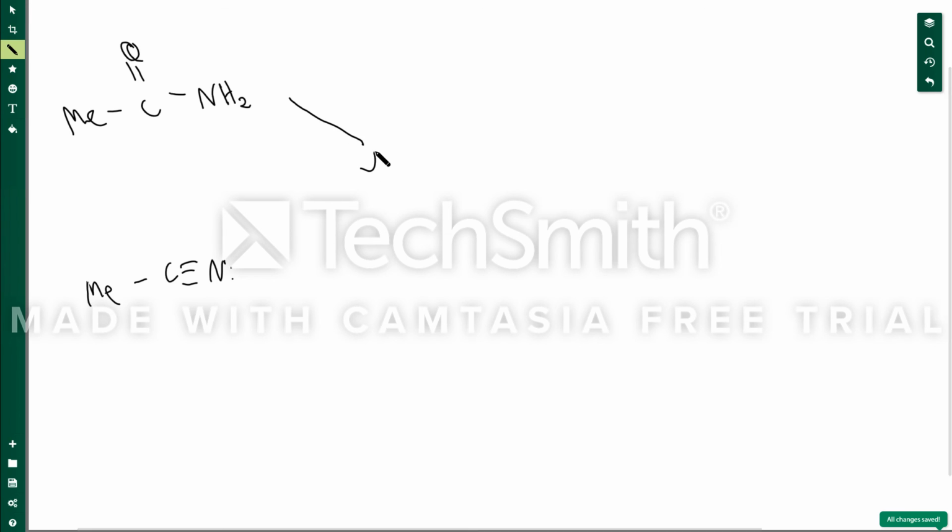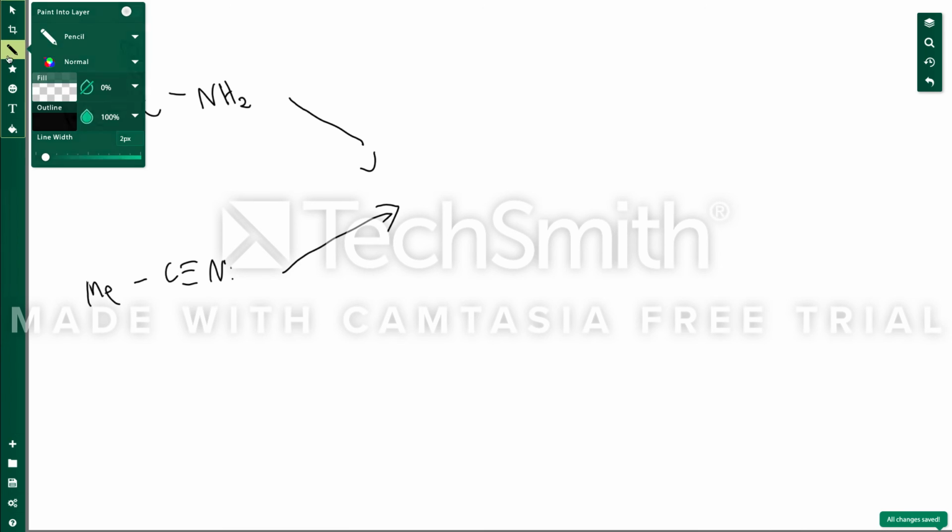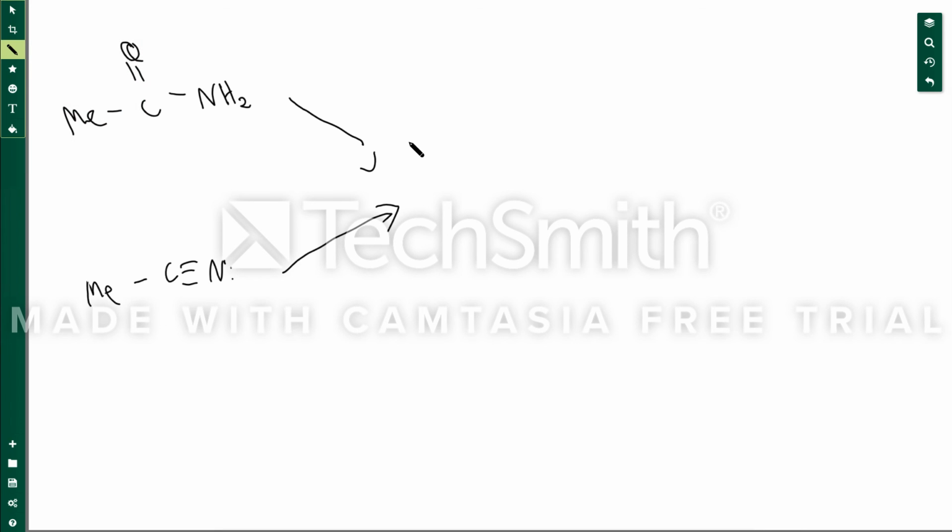So again, because amides and nitriles aren't as reactive as your acid halides and anhydrides, this is going to need to be catalyzed in some way. So let's just do acid catalyzed again.